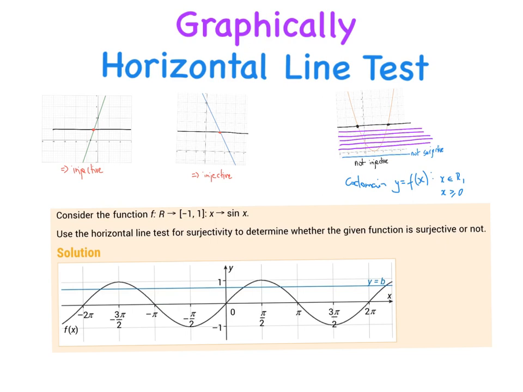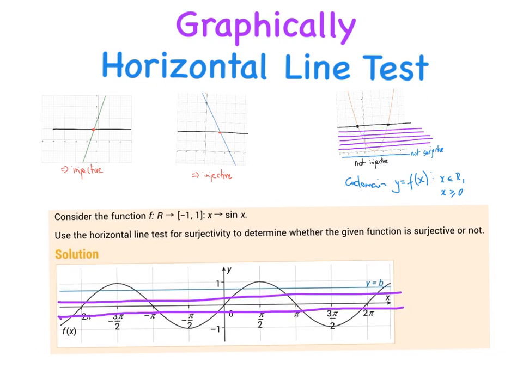Well, we know from trigonometry that our sine curve only goes between those values. So no matter where I draw my horizontal line along this graph between -1 and 1, that function is going to hit the graph in at least one place, and sometimes it will be in 4 places, okay, or more.